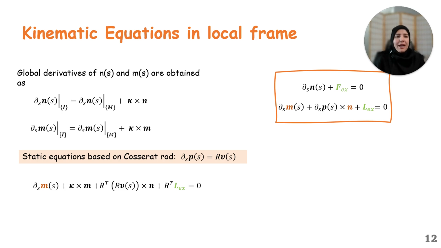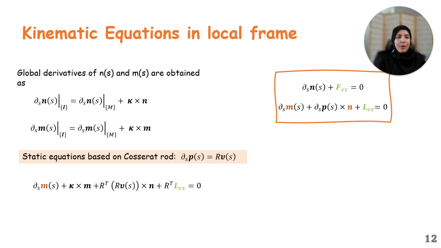As you can see, we have rotation matrices and their transposes multiplied by our global and local variables. Previously, we explained that the rotation matrix R maps local variables to the global frame, and accordingly, the transpose rotation matrix performs the reverse operation.